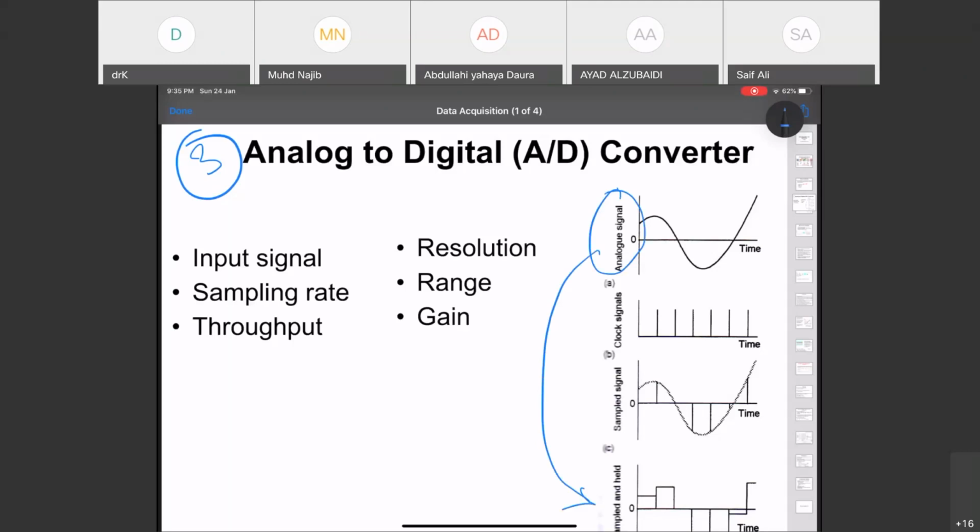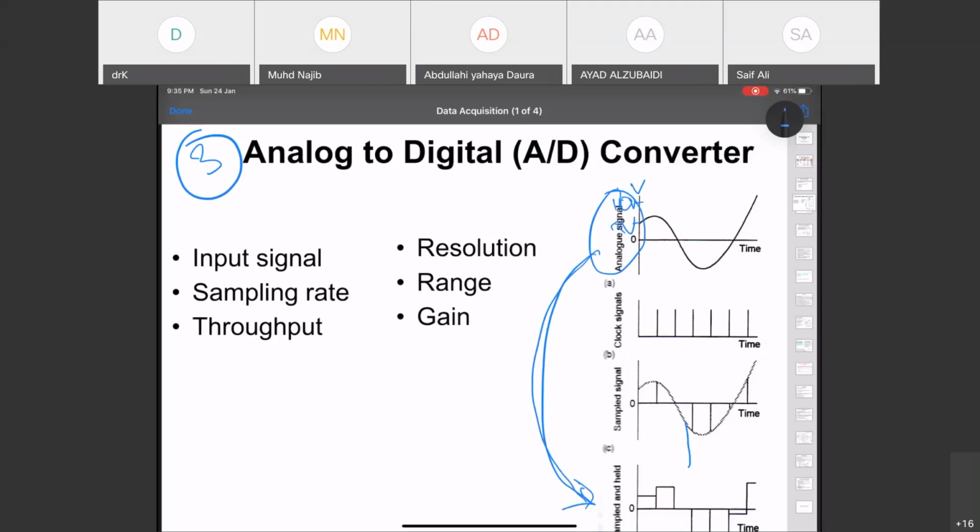You are receiving this in terms of voltage. It can be 10 volts, can be 5 volts over here, and when it gets converted into digital, you are talking about 0 and 1.